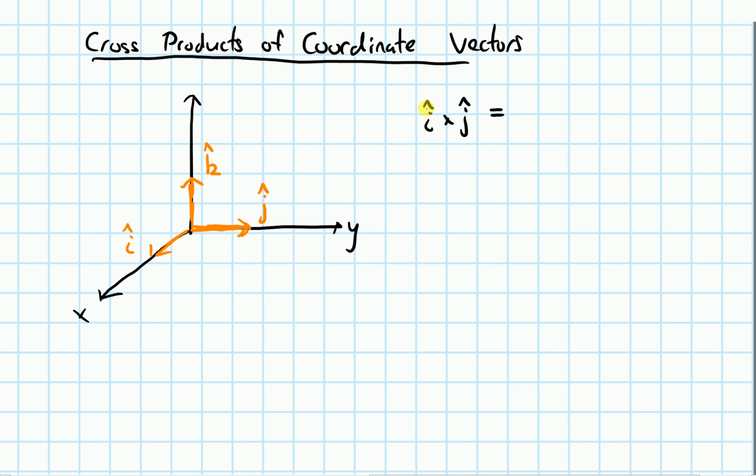So i hat crossed with j hat, if we use the right-hand rule, is going to give us a vector that is orthogonal to these. And it turns out what that will be is k hat. It'll turn out that the length of i crossed with j needs to be 1. And that's why it's just k hat and not something like 2k hat or 3k hat.